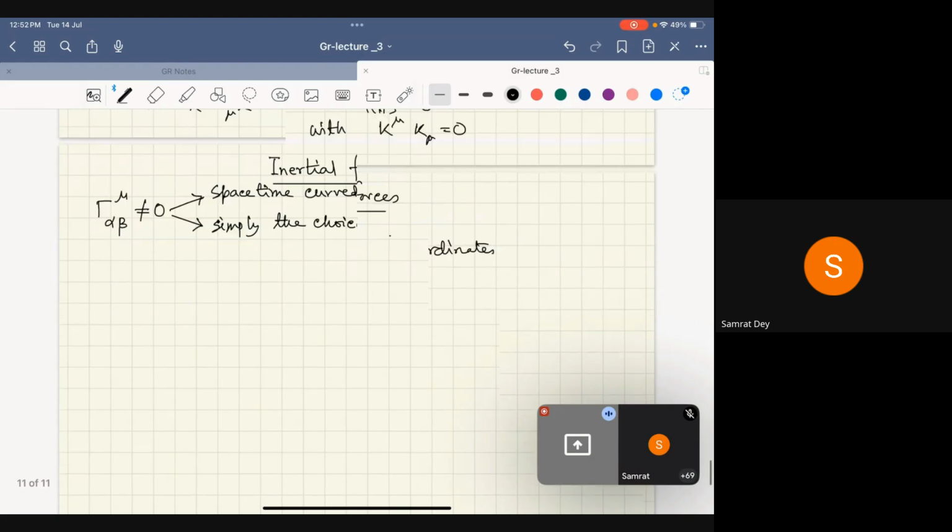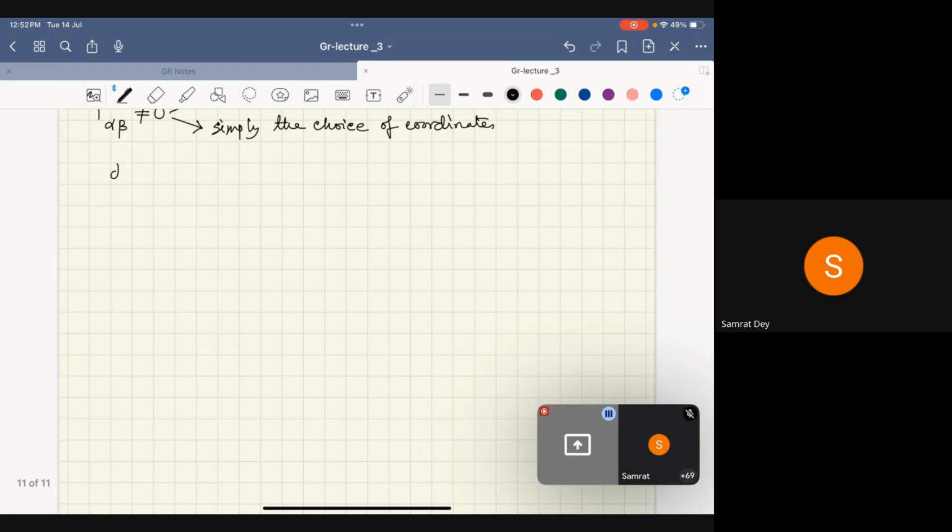So the equation, again, let me remind you, d2x mu d tau square plus gamma mu alpha beta dx alpha d tau dx beta d tau equal to 0.